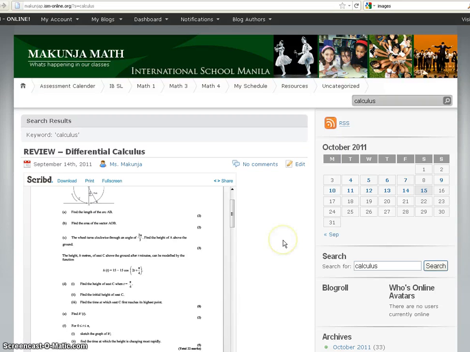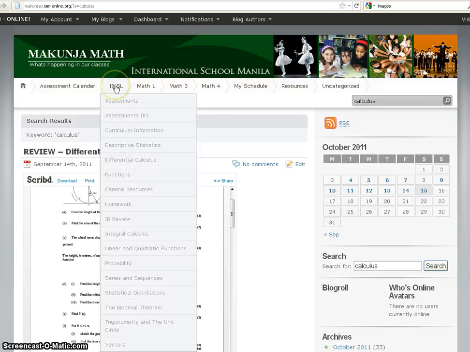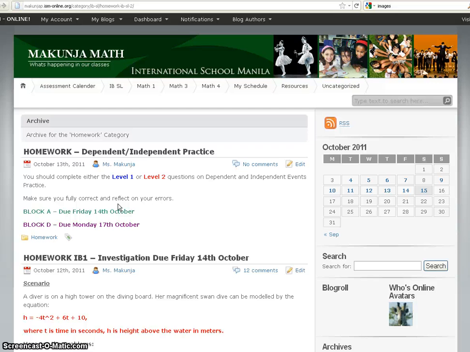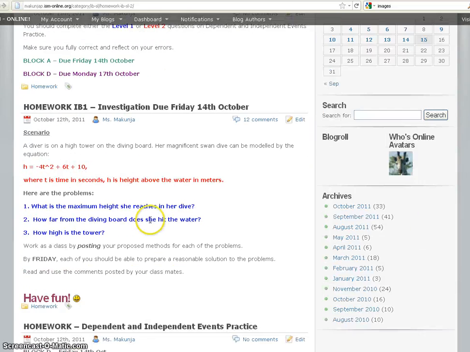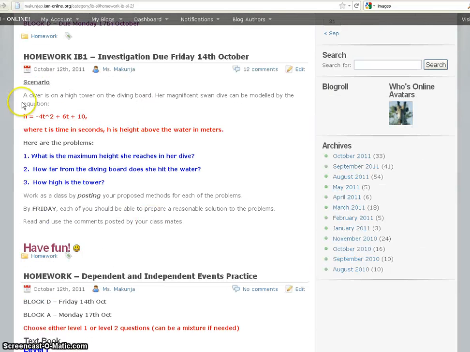And the last thing I want to show you here, collaborations and a very important classroom activities. So let's say we go to homework. My IB1s had some homework the other day, and it was a new and unfamiliar question. This is what we did. This was the problem I posed to them, and they had to work collaboratively as a class for a couple of days.